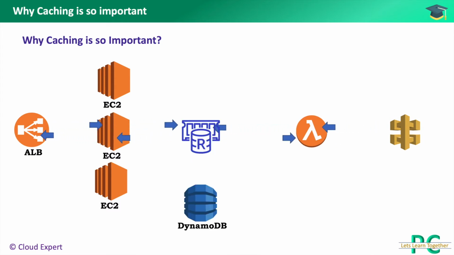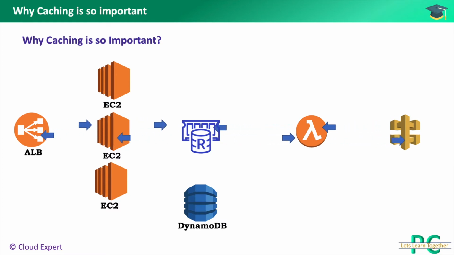For that purpose, AWS has an offering called ElastiCache, and it has two different flavors, Redis and Memcached. Redis and Memcached have different use cases. So for the time being, let's say we have used Redis for the caching layer.